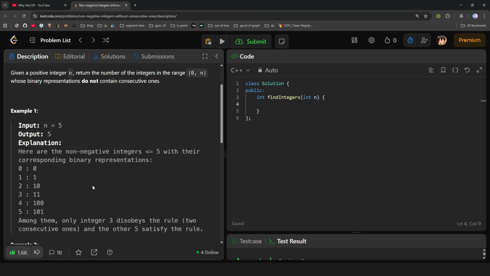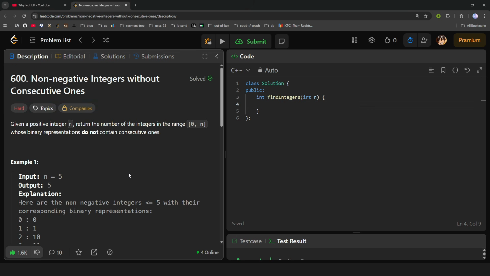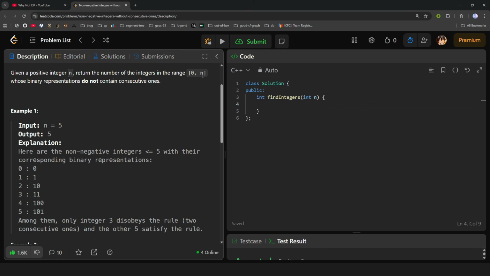So what we will do is, instead of converting the given n into a string, we will first write the binary representation of the given n. Since here n is equal to 5, first we will write 101 like this. And now we will apply the same technique that we used in the previous problems.